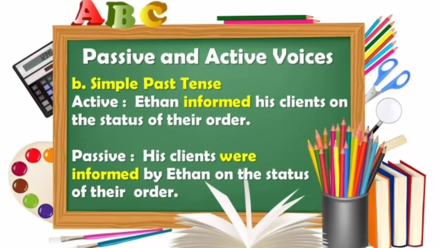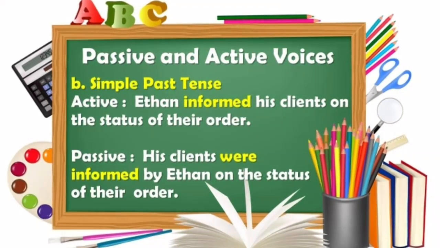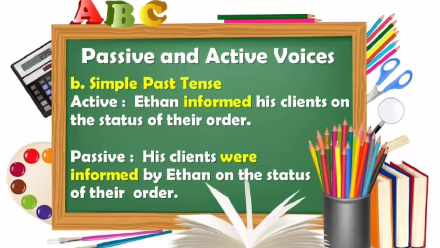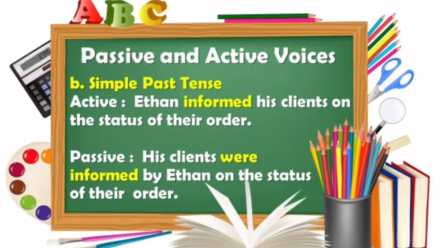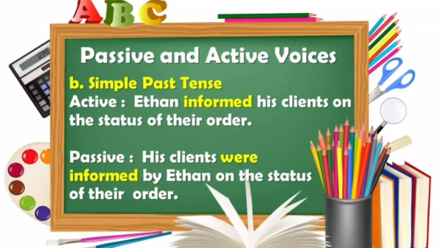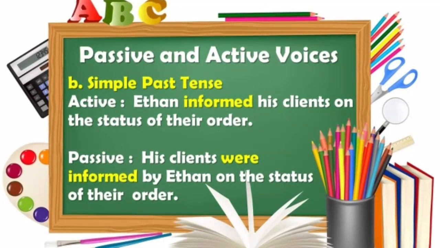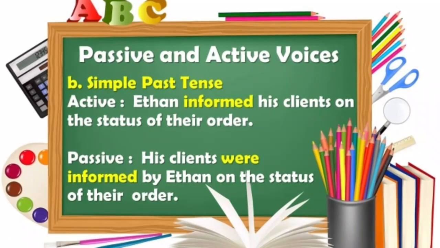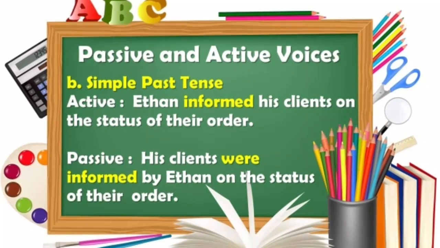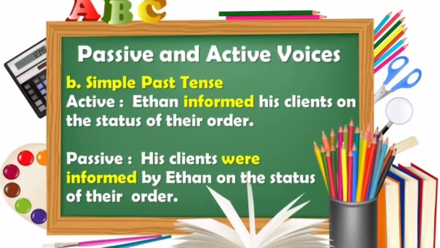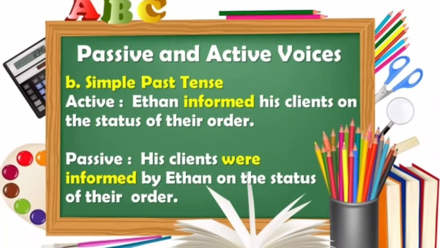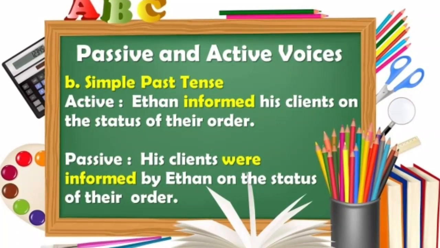Now, let us have an example in a simple past tense. Example, in an active voice, Ethan informed his clients on the status of their order. Ethan here is the subject. Informed is the action, and his clients is the object.